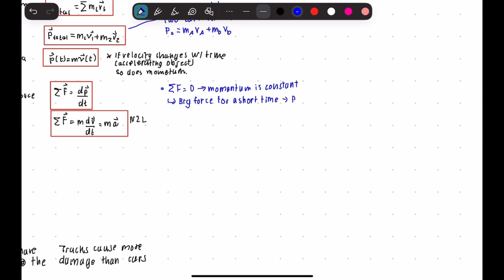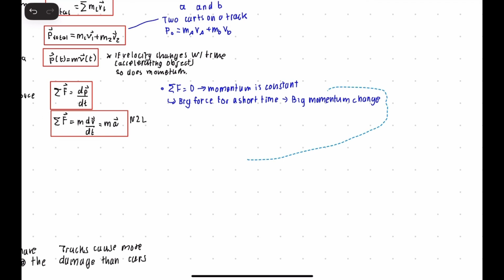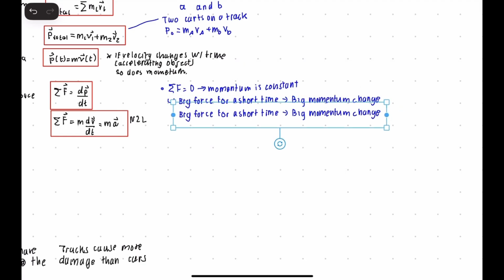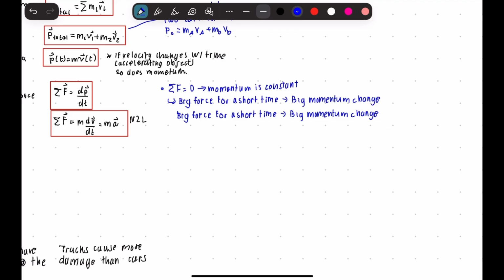This is going to mean that there's going to be a big momentum change. But let's say that there is a small force for a long time. This is still going to be a big momentum change. The reason why is because you're compensating for it by increasing the other variable.